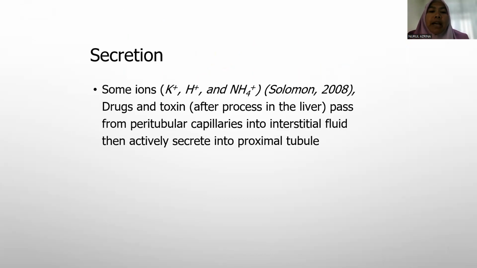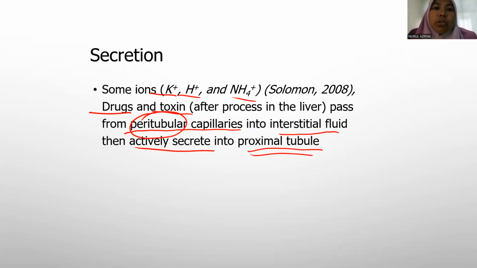Some ions like potassium ion, hydrogen ion, ammonium ion, drugs and toxins, after being processed by the liver, will be passed from the peritubular capillary. Remember, the peritubular capillary is the capillary surrounding the distal and proximal tubule. Then they go into the interstitial fluid, then are actively secreted into the proximal tubule, as well as the distal tubule.